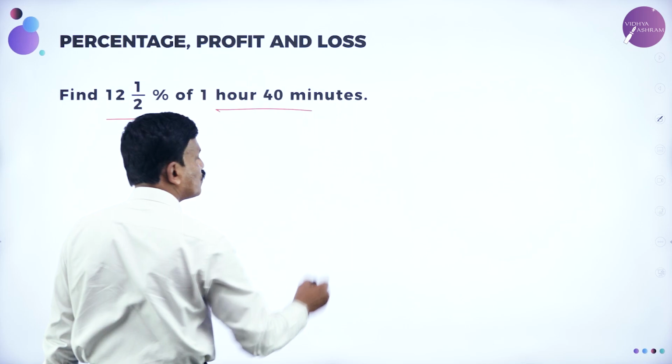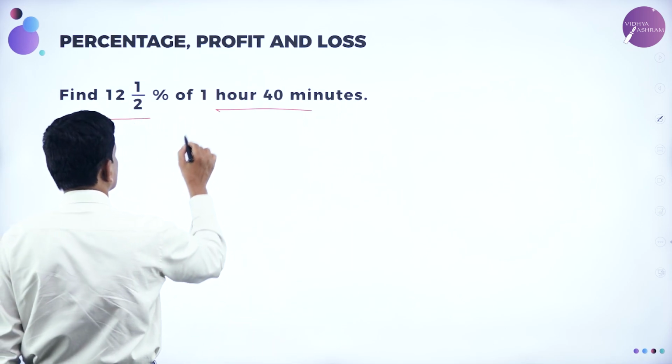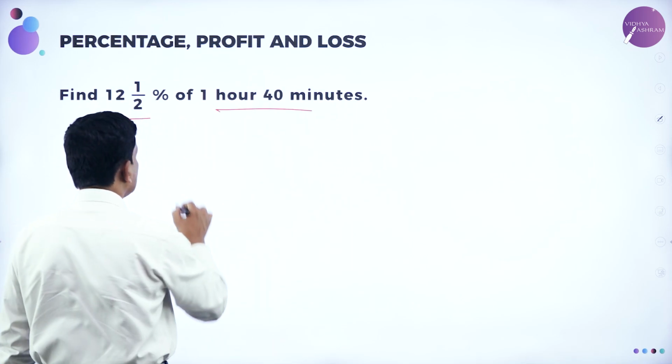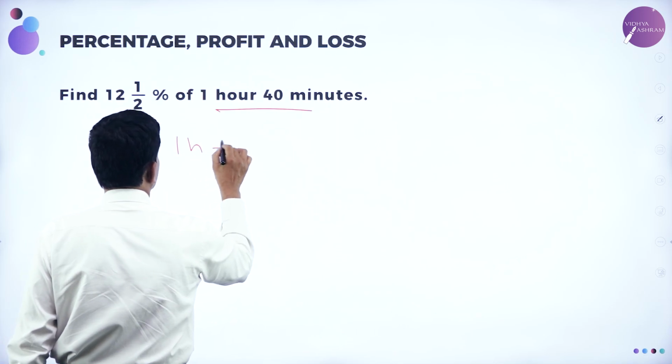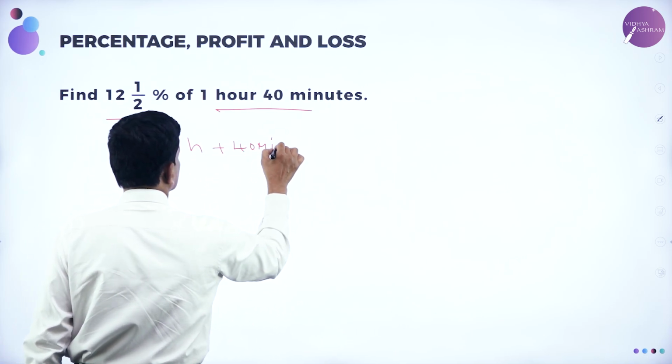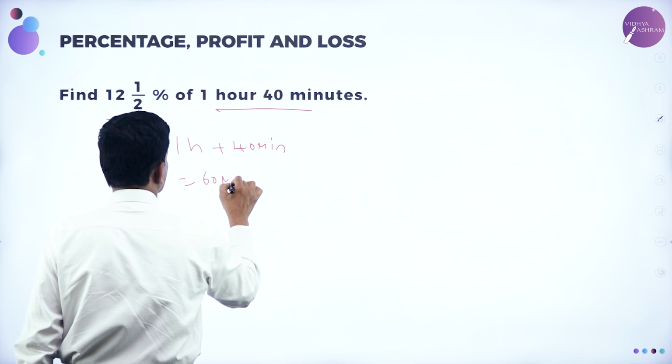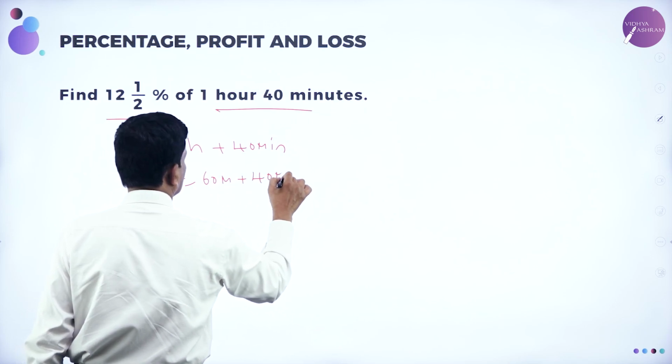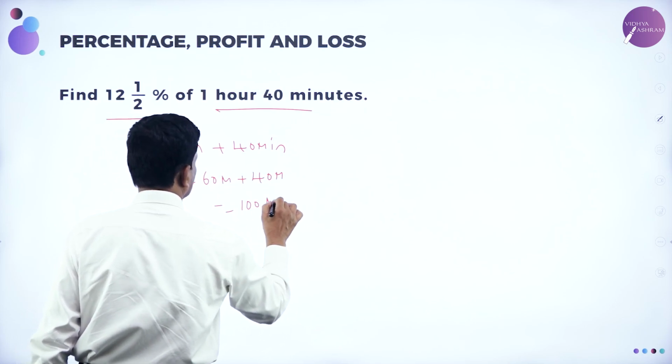12.5% of 1 hour 40 minutes. Let us convert 1 hour into minutes. 1 hour plus 40 minutes can be written as 60 minutes plus 40 minutes, which is equal to 100 minutes.